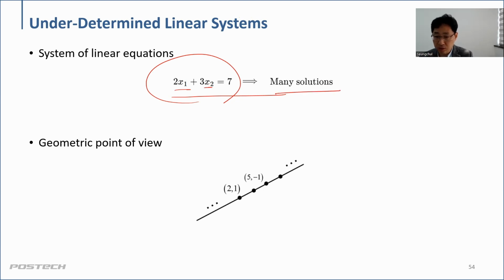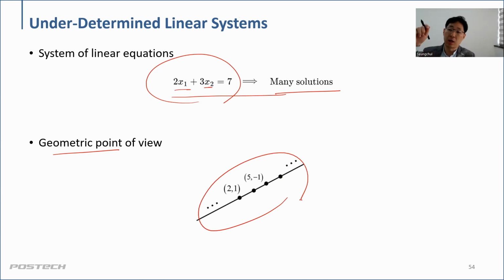In the geometric point of view, there are many data points that satisfy these. So keep that in mind: underdetermined means there are many solutions, because the number of unknowns is larger than the number of equations.